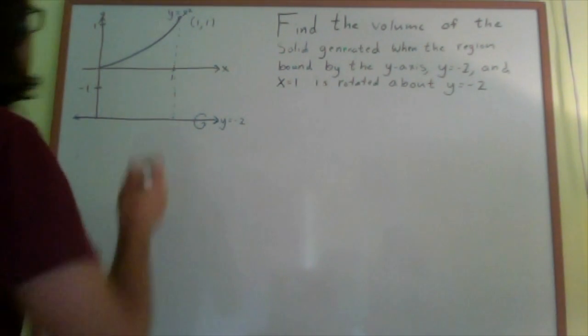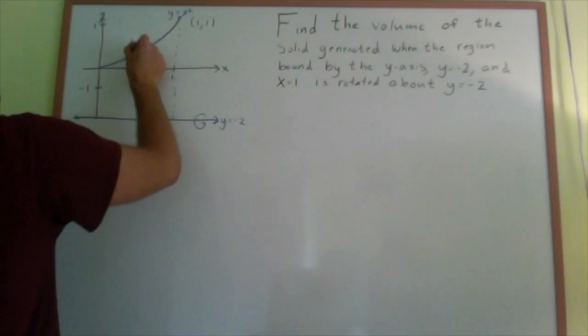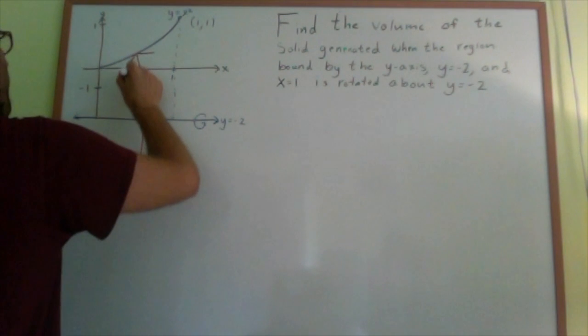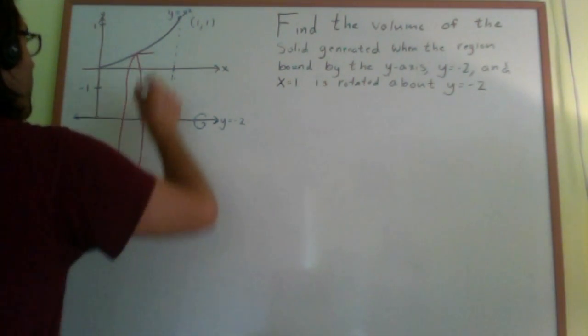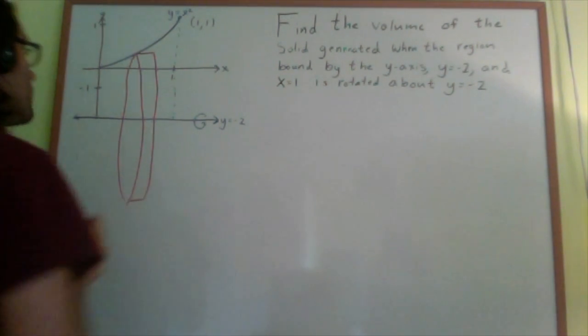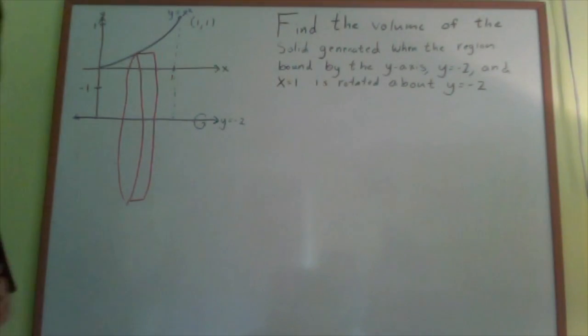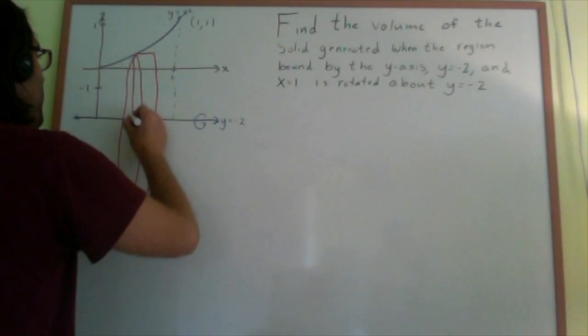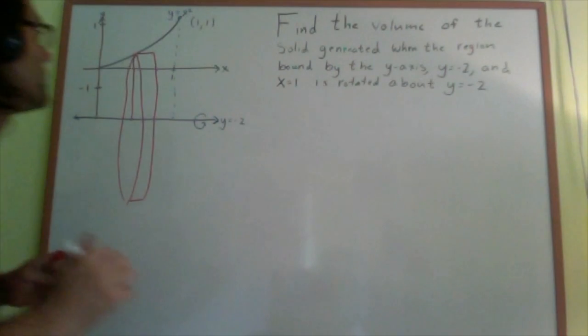So this time we have a disk that looks something like the following. So note in particular that our radius is from here down to here.